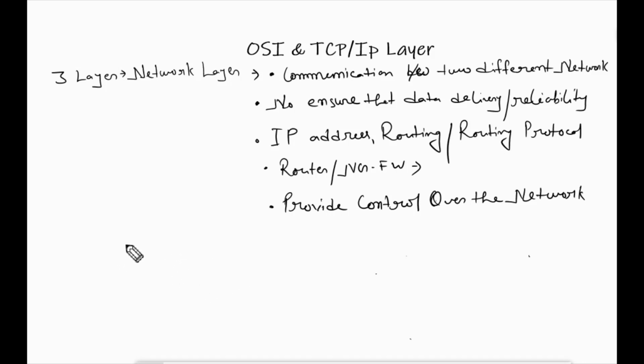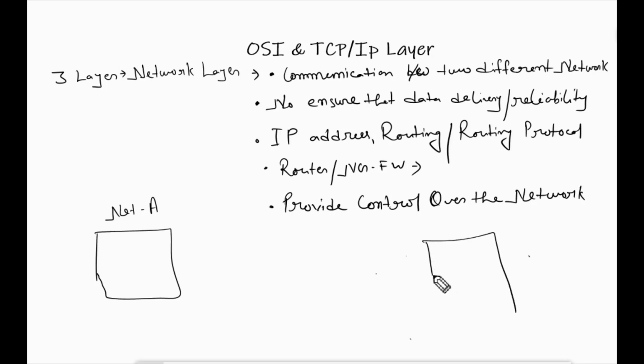So what happens in this case, we have a network A, and then we have network B. So these are two different networks. This network layer provides communication between these two different networks, and also controls the traffic. It does not let anything go outside of the network.